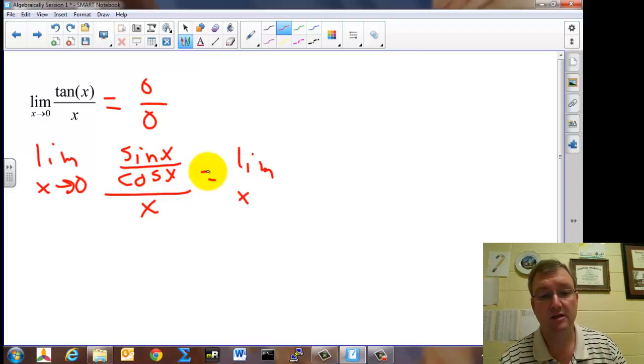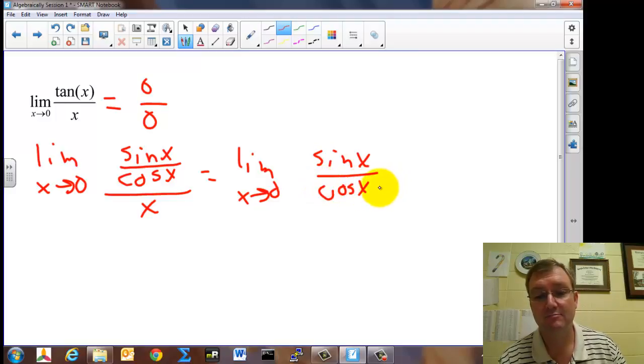Well, that could be simplified. The limit as x approaches 0 of the sine of x over the cosine of x times x. Now how did I get there? I took the denominator here and I flipped it over and multiplied it. So I made it, instead of dividing by x, it's multiplying by 1 over x. Well, how does that help the situation here?